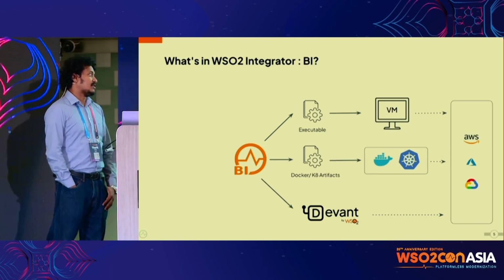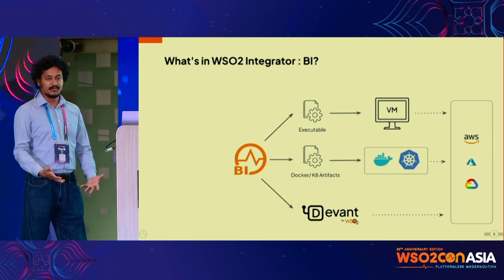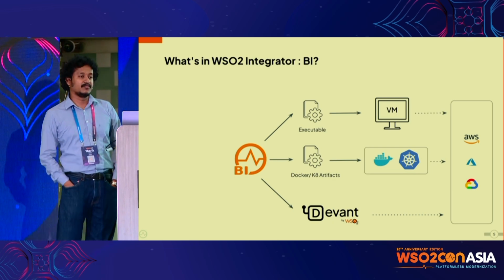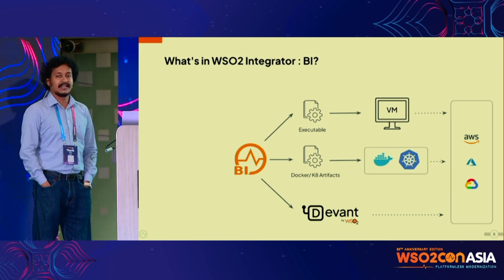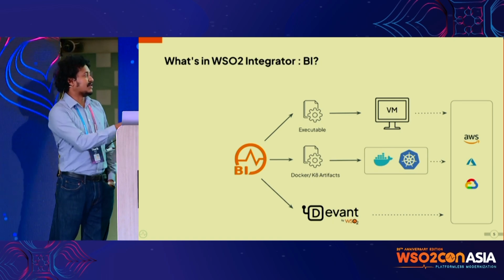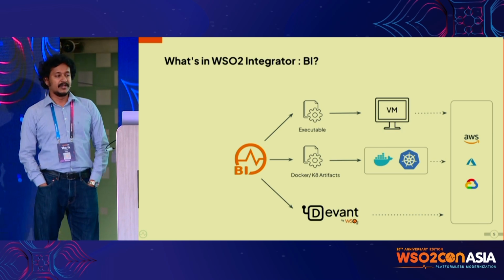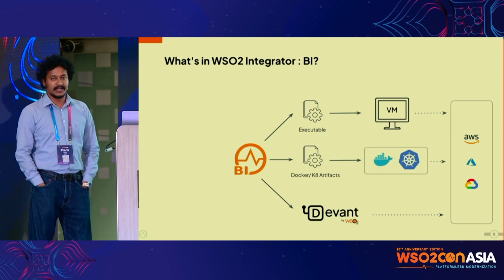It's a low-code integration solution which can be used to develop your integrations, and you can easily produce self-hosted executables which can be deployed in VMs, and even other cloud artifacts like Docker and Kubernetes artifacts, which can be deployed in Docker and Kubernetes environments.